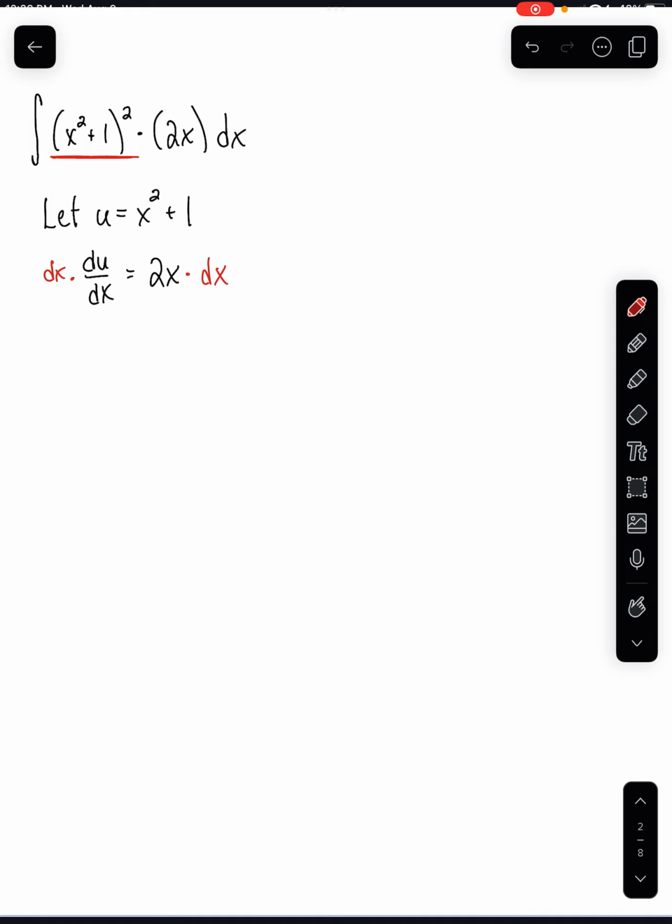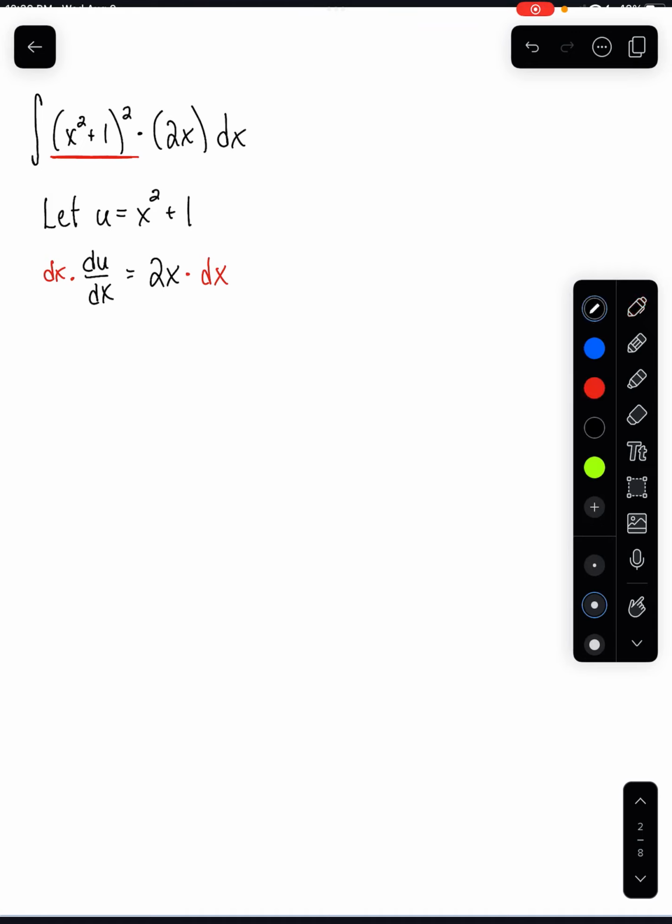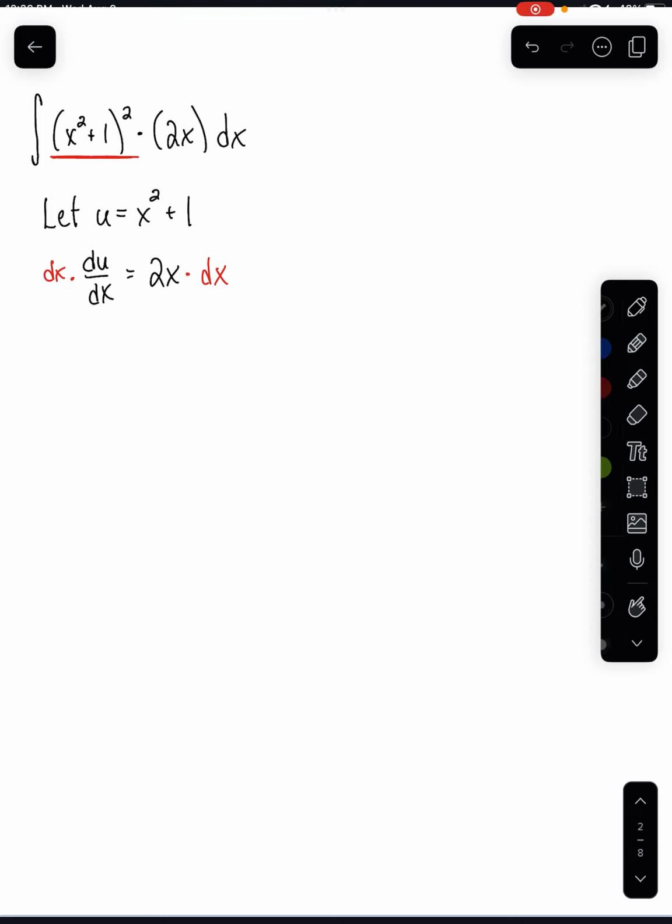And because they're quantities, we can definitely manipulate them algebraically as we would any other quantities and any other fraction. This is a division of du by dx, and we can undo division with multiplication. So this statement now becomes du is equal to 2x times dx.